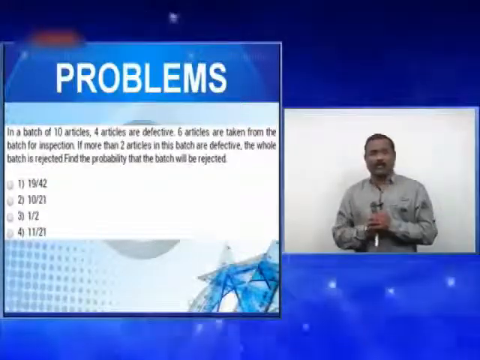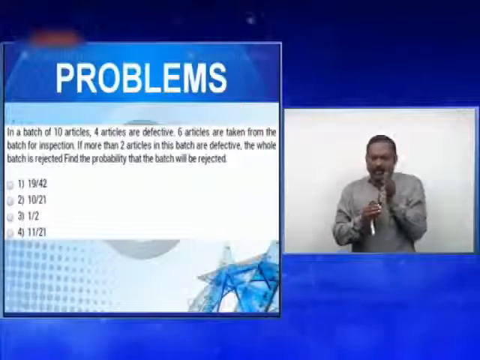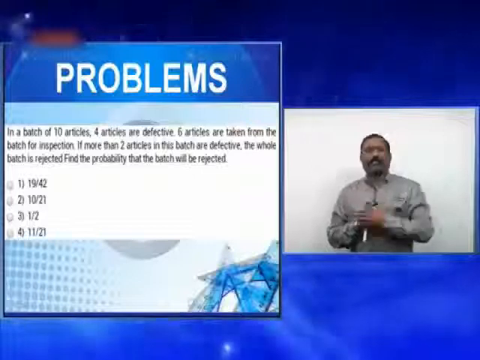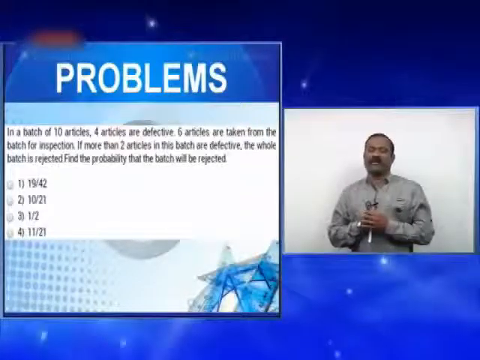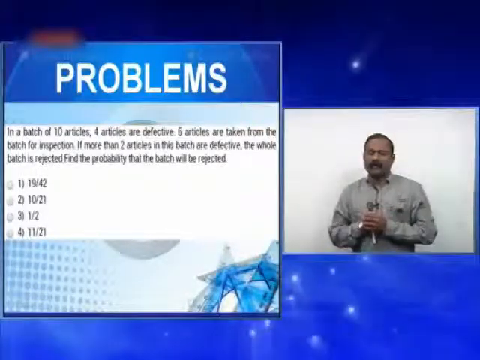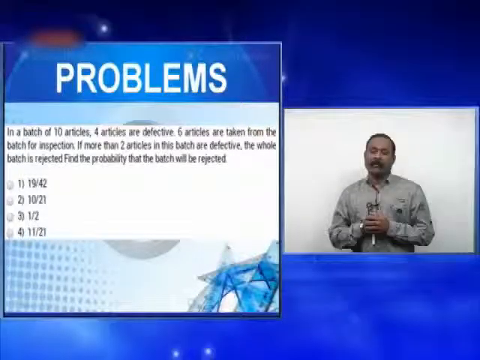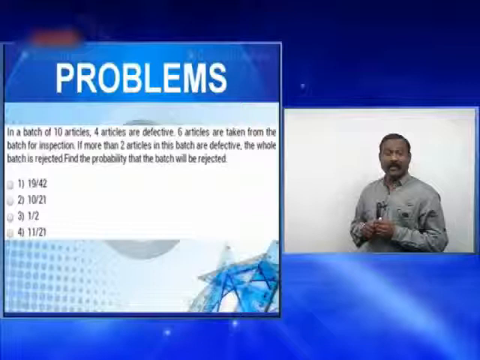If 6 are chosen, and if more than 2 articles in the batch are defective, then the whole batch is rejected. Then find the probability that the batch will be rejected.